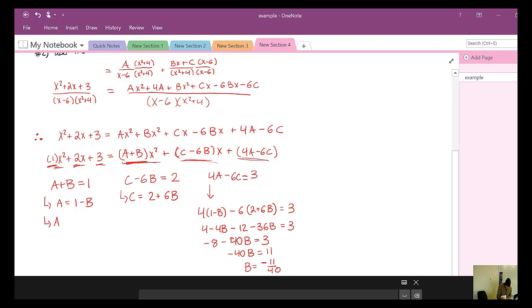And then now we can solve for A and C. So A can become, let's see, 1 is the same thing as 40 over 40.